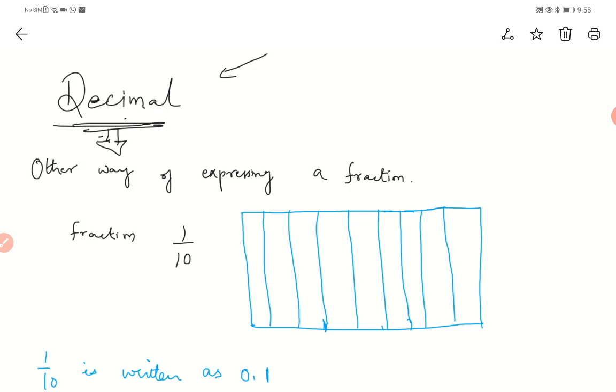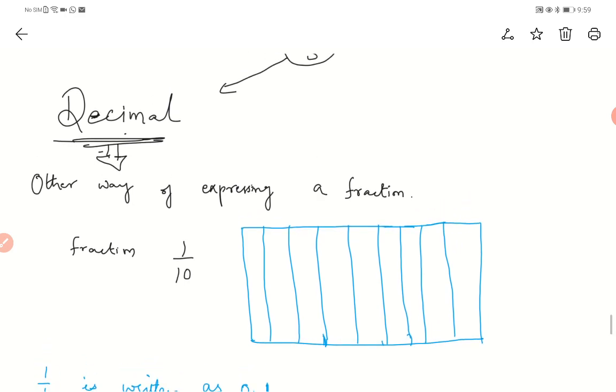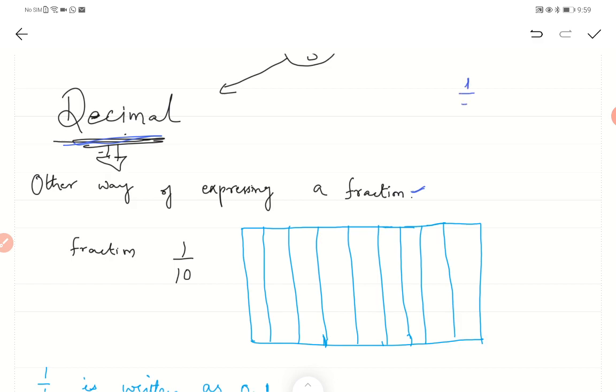All right. So I've told you in the last video that decimal is nothing but another way of expressing a fraction. Okay, a different way of expressing a fraction is decimal. How is it exactly? If I have 1 by 2, okay, this is a fraction. I will write this fraction as 0.5.